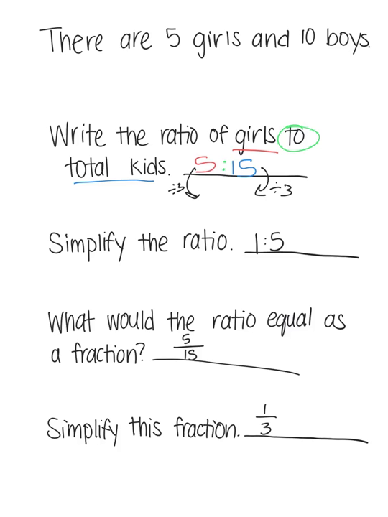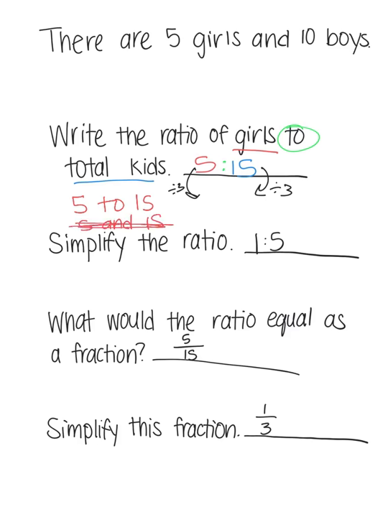These are the answers you should have gotten. 5 to 15, simplified would be 1 to 5. The fraction would be 5 over 15, simplified 1/3. One more thing, notice how I'm saying 5 to 15. So I would write this as 5 to 15.